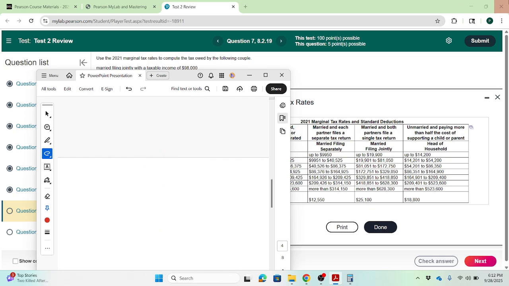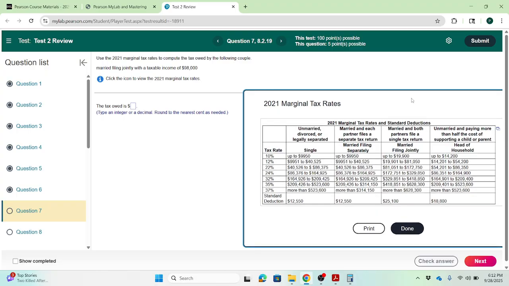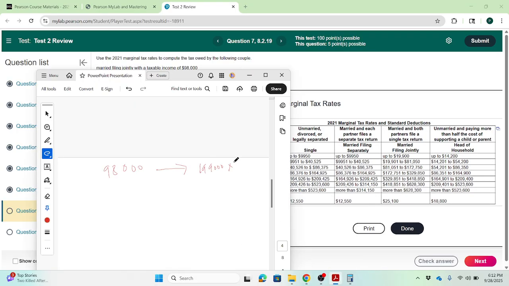So 98,000 is the initial amount, but out of it, the 19,900 is taxed at 10%, so you multiply that by 0.1. That's the tax amount you pay.